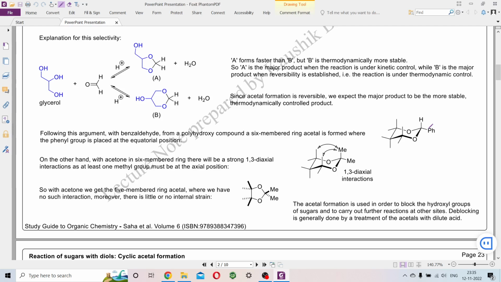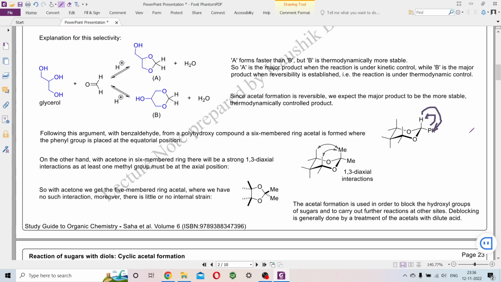Because, as you can see, with the hydrogen placed at the axial position, the 1,3-diaxial interaction is minimum. But if you were to place this phenyl ring here and the hydrogen on that side, it would have led to much more steric hindrance. So 6-membered ring acetal formation with benzaldehyde is possible because phenyl can be placed at the sterically roomier equatorial position.